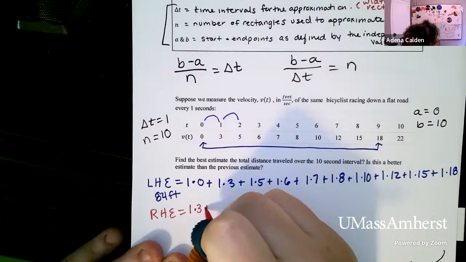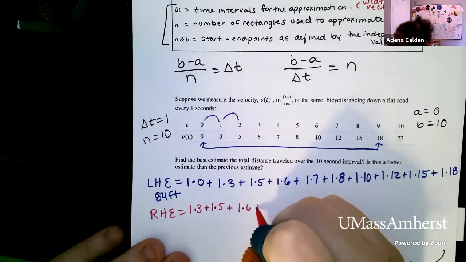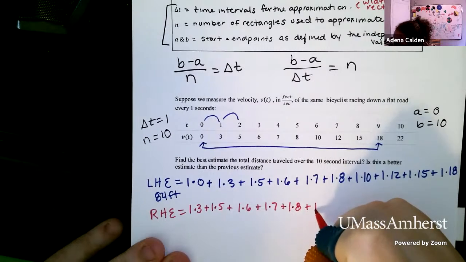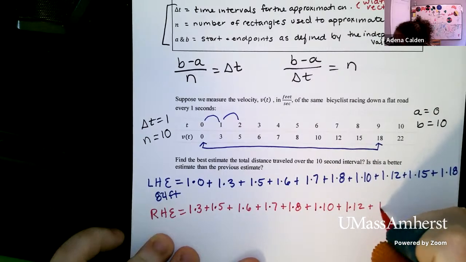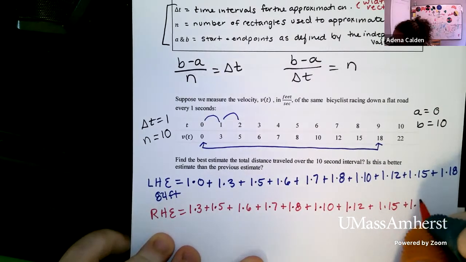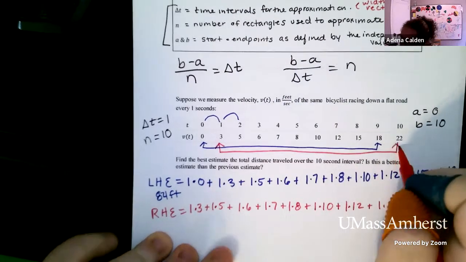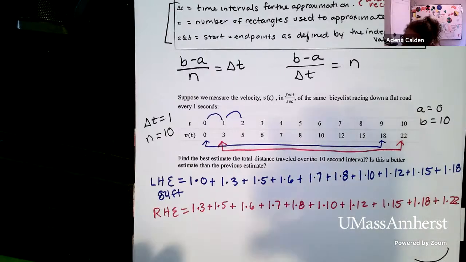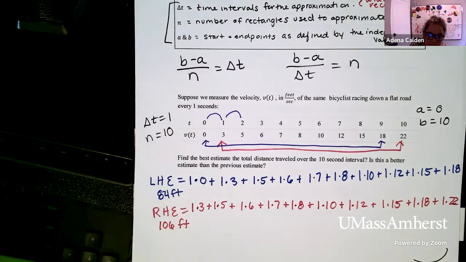So we have 1 times 3, plus 1 times 5, plus 1 times 6, plus 1 times 7, plus 1 times 8, plus 1 times 10, plus 1 times 12, plus 1 times 15, plus 1 times 18, plus 1 times 22. Again, we use all of the rates except for the leftmost rate. When we multiply those all together, we get 106 feet.